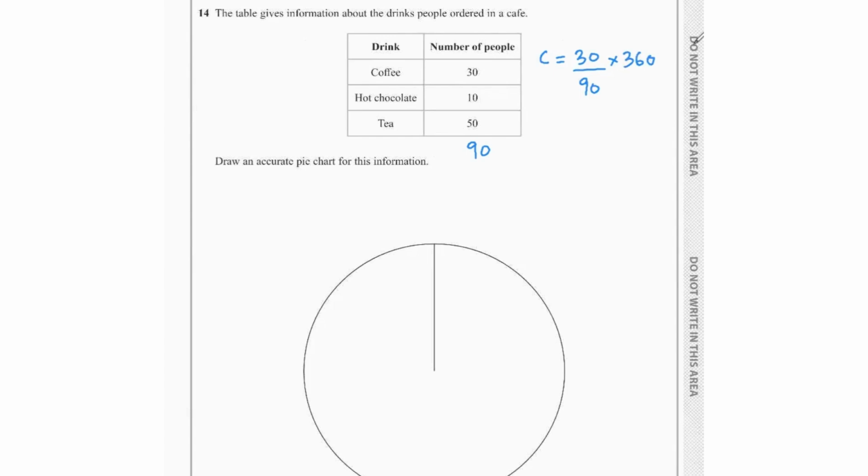The reason why we're timesing it by 360 is because 360 is the angle for a complete circle. Out of that 360, we're trying to find what portion is the angle for coffee, what is for hot chocolate, and what's for tea.